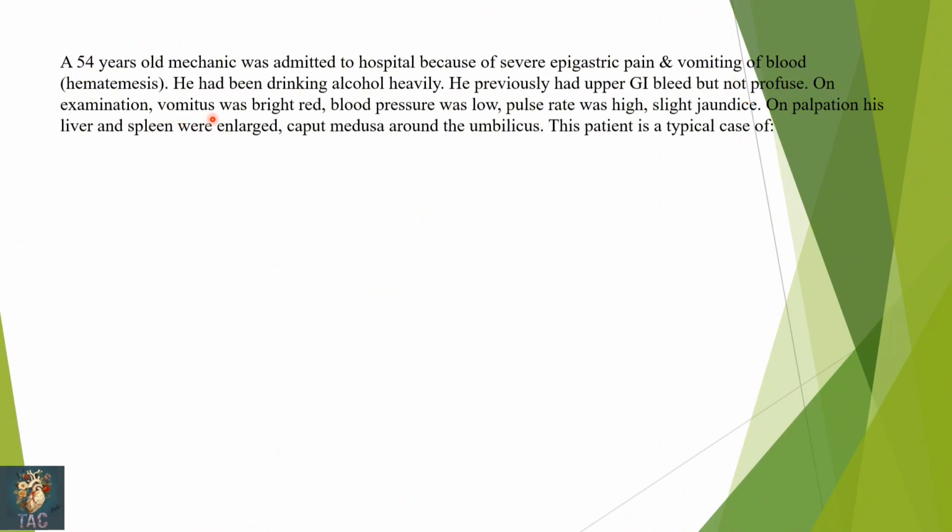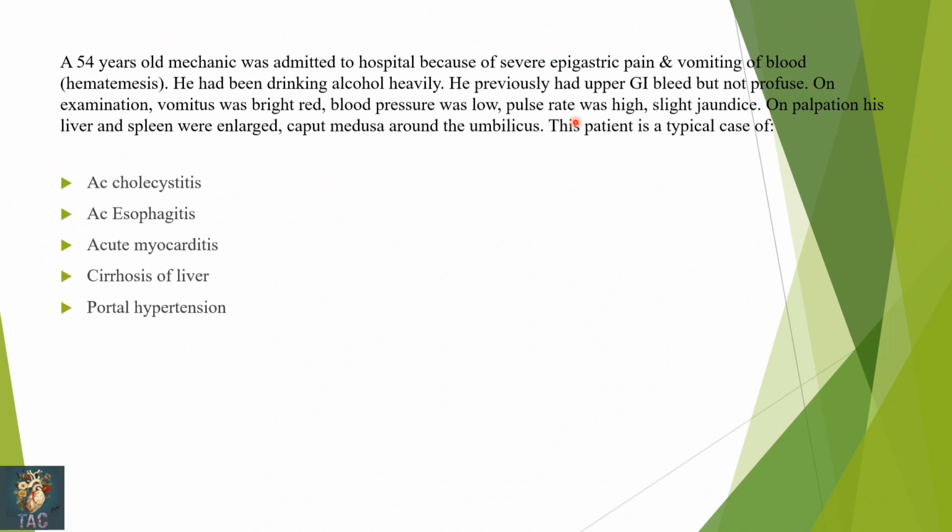On examination, the vomitus was bright red, blood pressure was low, pulse rate was high, slight jaundice. On palpation, his liver and spleen were enlarged, caput medusae around the umbilicus. So this patient is a typical case of acute cholecystitis, acute esophagitis, acute myocarditis, cirrhosis of liver, or portal hypertension.